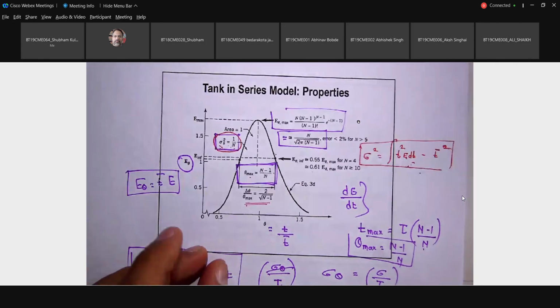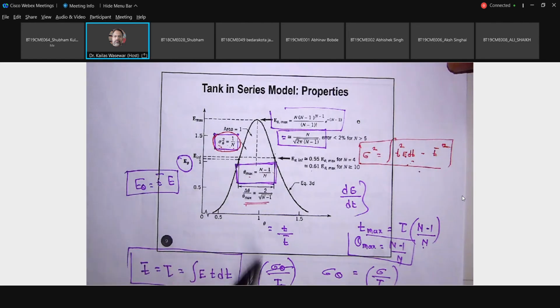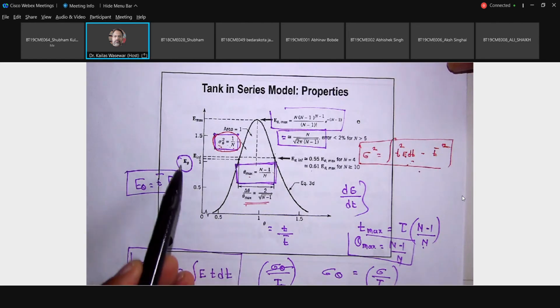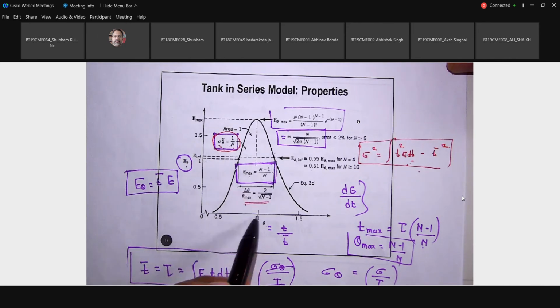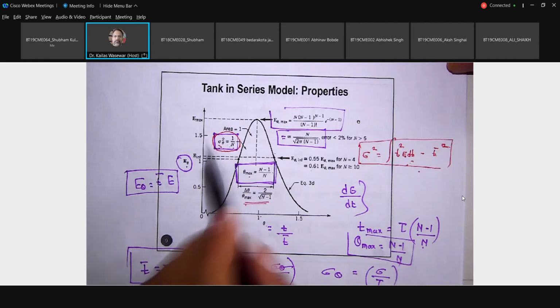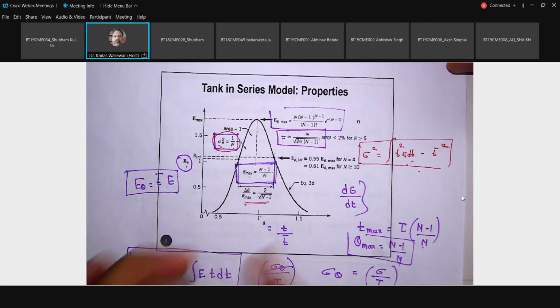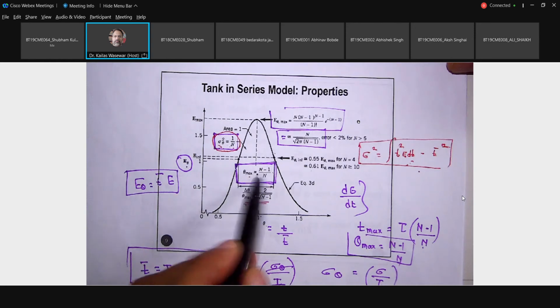See this particular figure. If you draw E theta, dimensionless, against dimensionless time, the symmetric point will be at 1. For this particular curve, we can easily say that theta max is equal to n minus 1 upon n.